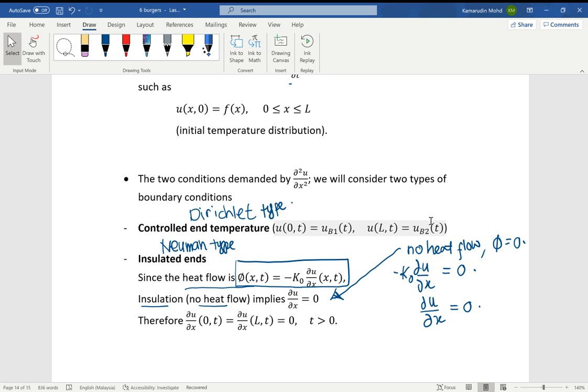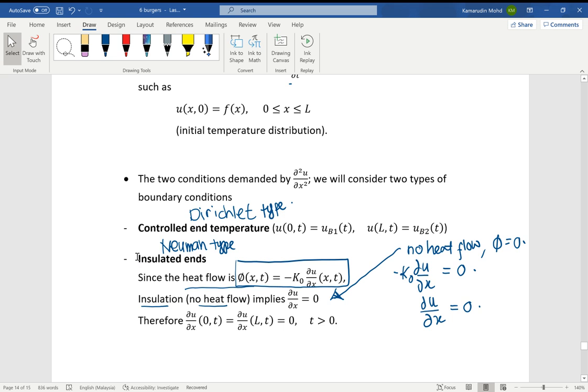So far, I've seen the types: 0 temperature at both ends, constant at both ends, or one constant and another 0. But if I see here, there is a bracket t, which means it may also be a function of t. So for the controlled temperature, when both temperatures at the endpoints are equal to 0, we have seen this in our first discussion about the method of separation of variables.